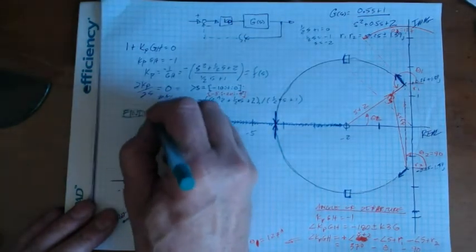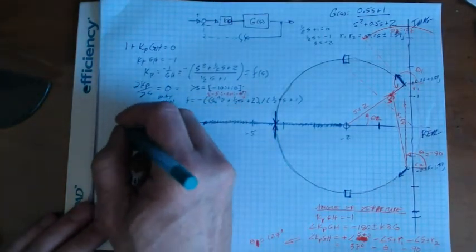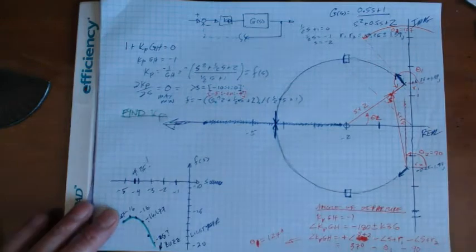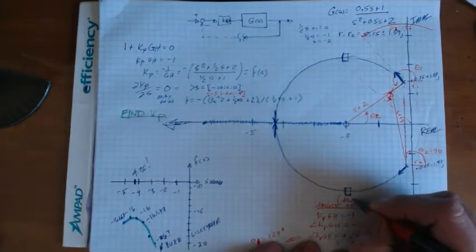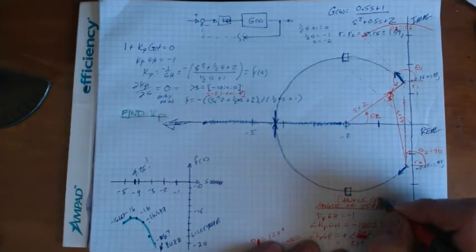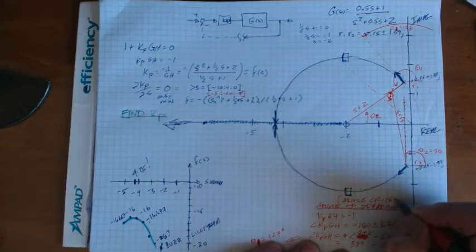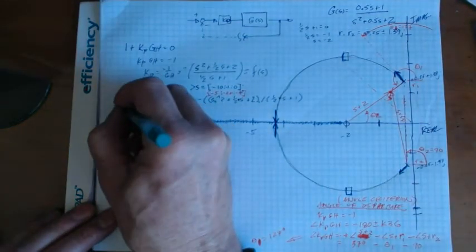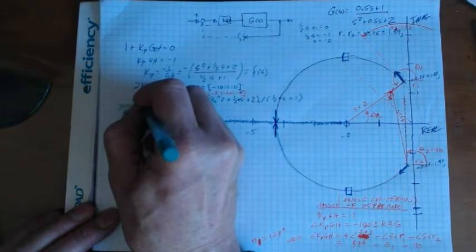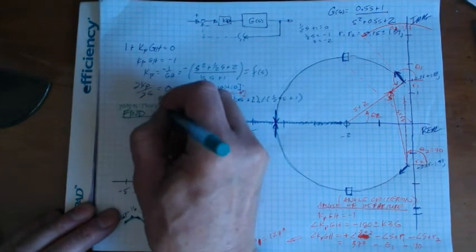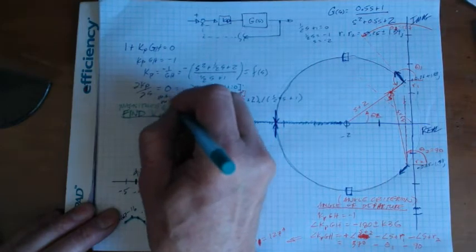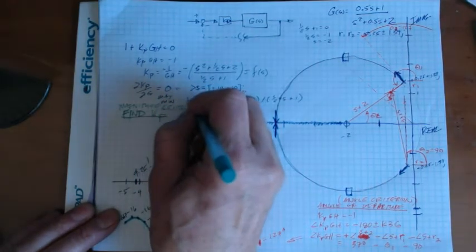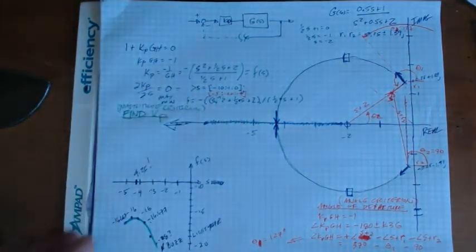So here's how we're going to find Kp. We're going to use the magnitude. So this is the angle criterion. I should write this down here: angle criterion. And this one is going to be the magnitude criterion. We're going to find Kp.